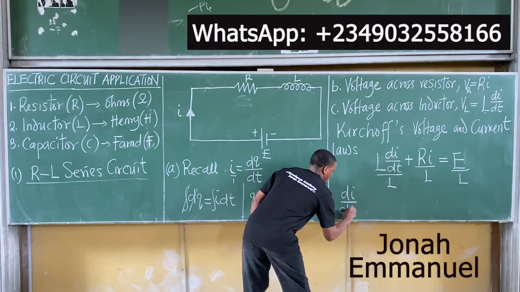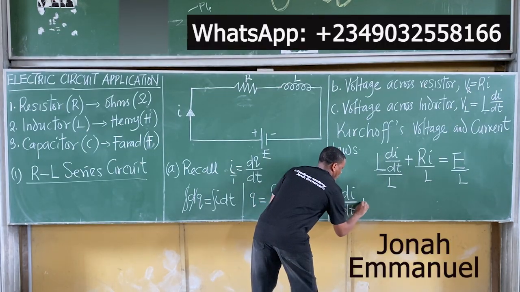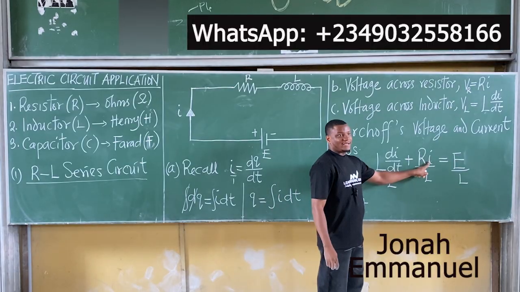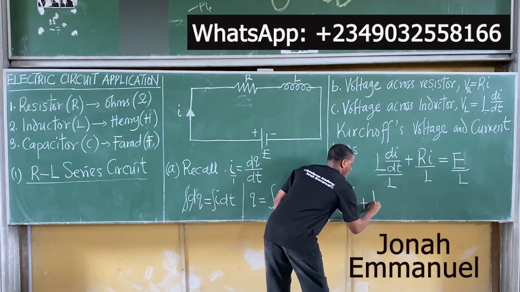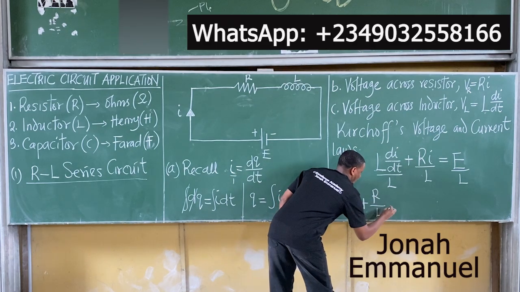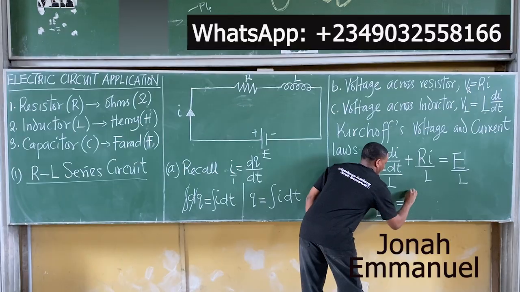I'll be left with what there? dI/dt plus, the variable here is now I. So what's my constant here? R over L. R over L into I. It's equal to what there?